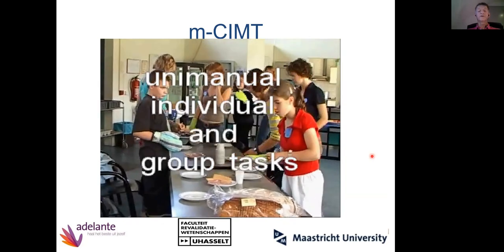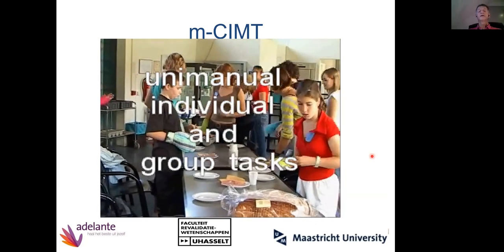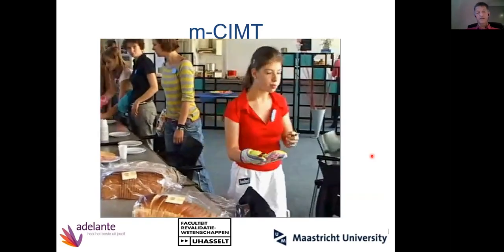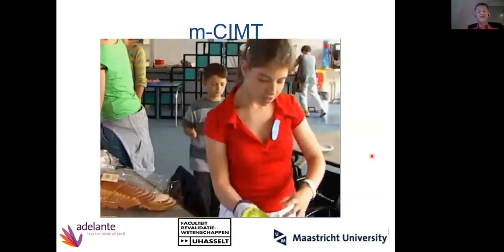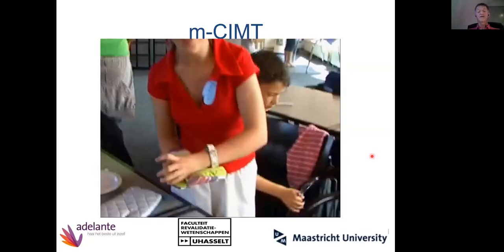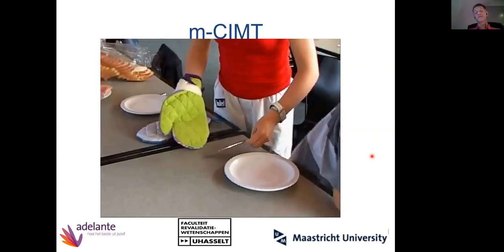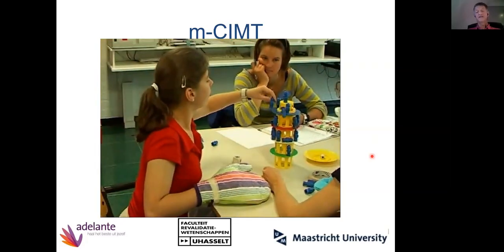the constraint-induced movement therapy for teenagers a 2-week camp in which they practice 15 days in a row, wearing a glove. You see they are taped so they will not take it off, and the non-affected hand is in the lead.